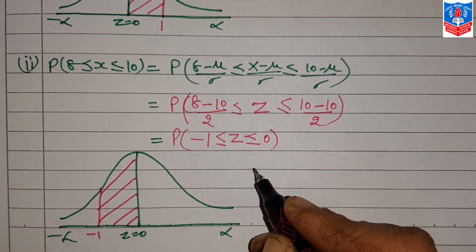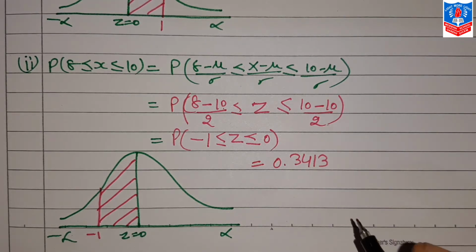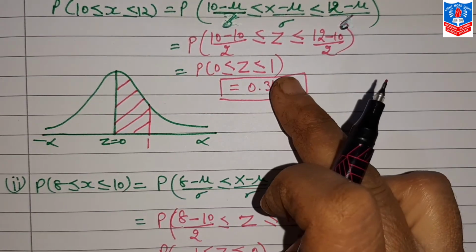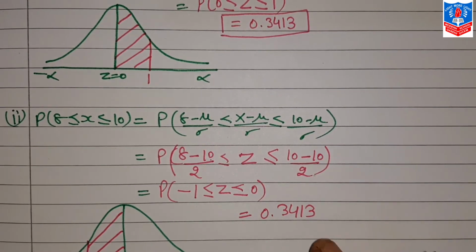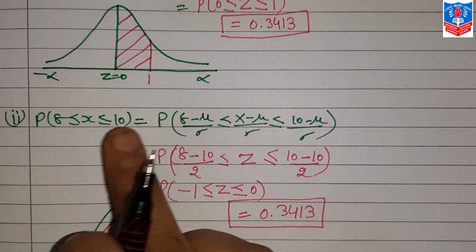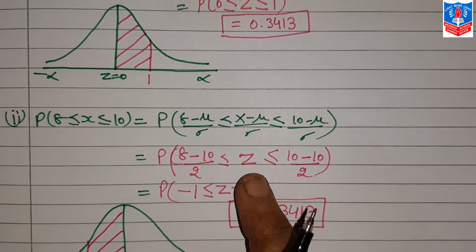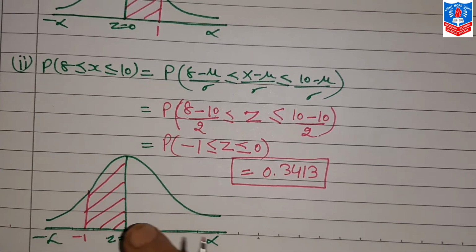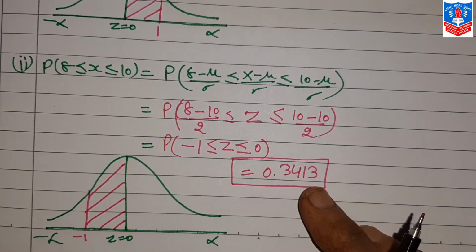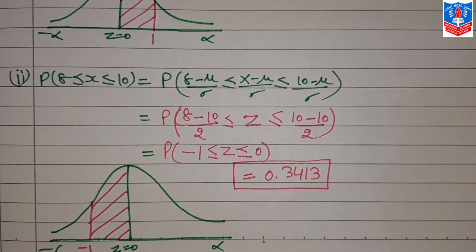So this area also will be 0.3413, as the area which was there from 0 to 1. So here also it is 0.3413, that is between 8 and 10. So first we convert this x value into z, and then we draw the diagram, find the area, and after that we see the area in the z table, and finally that will be your answer.